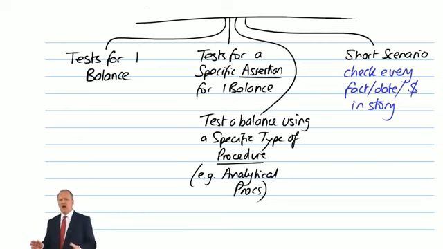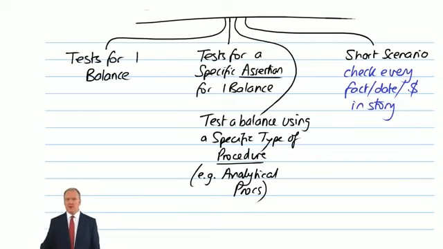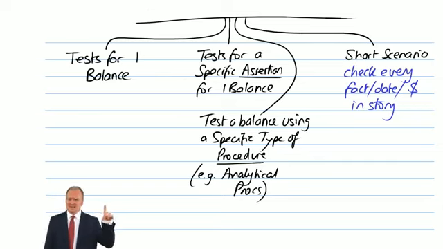Now, you will know I am not a fan of trying to learn every test for every balance in the accounts. If you do that and the short scenario question comes up, it doesn't work anyway because you've got to be specific to the scenario. And if you learn every test for every balance, you're looking at something like 250 tests. And if only one balance comes up on exam day, that is a lot of brain space you have wasted.